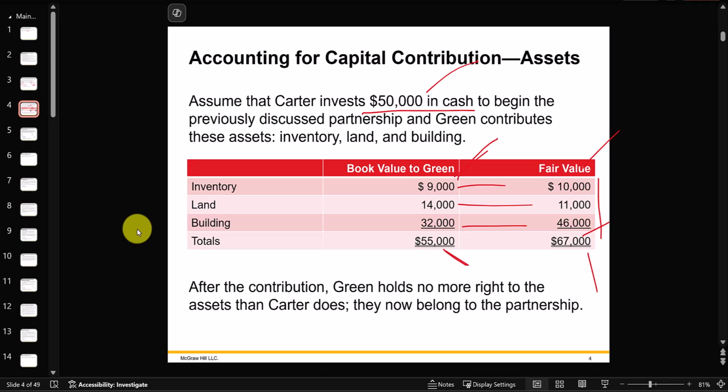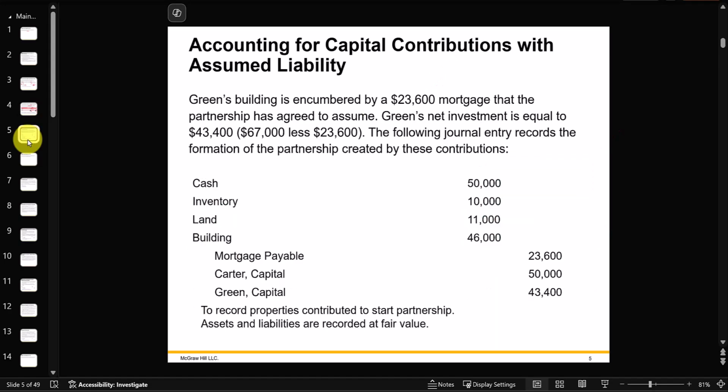So when you look at the journal entries here on the next slide, here's the 50,000 cash being contributed by Carter. And then here's the other three assets being contributed by Green at their fair value. Also mentioned here in this slide, there's a mortgage liability attached to the building. And Green, of course, if he's going to give up the building, also wants to give up the liability, the mortgage on that building.